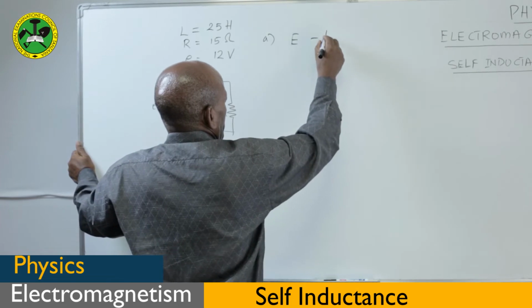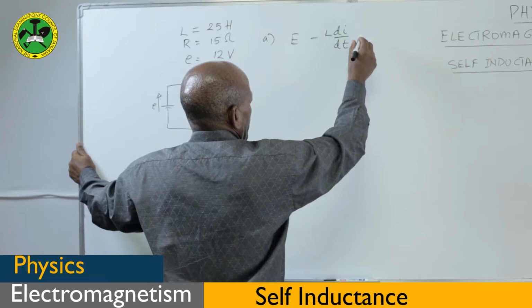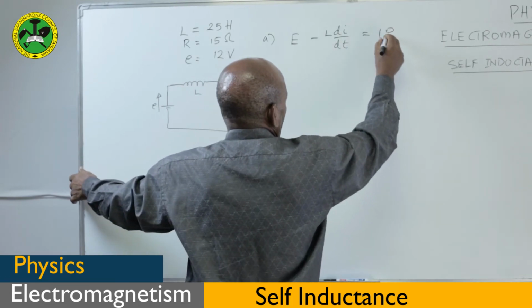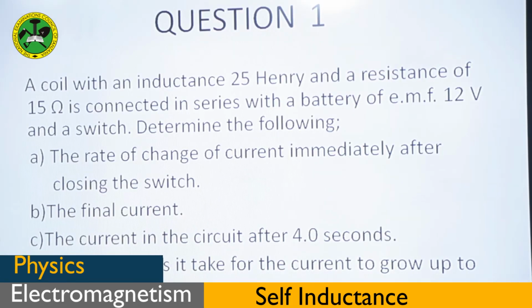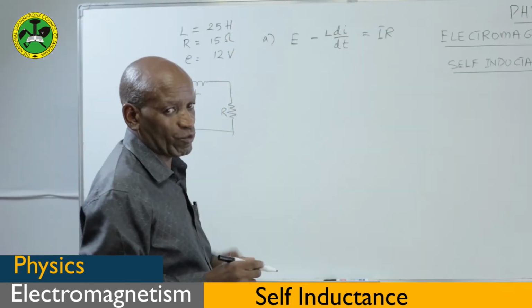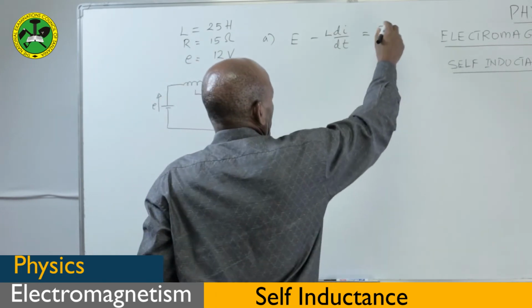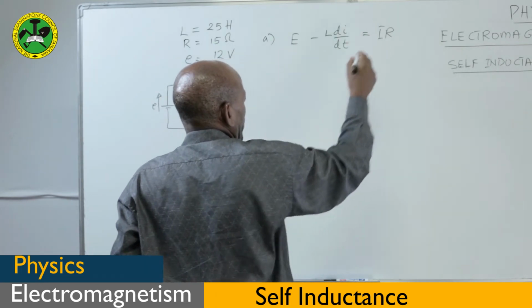E minus L di/dt is equal to IR. Remember, we have a negative sign because of the back EMF which is flowing through the circuit. But immediately after closing the switch, there is no current flowing there.